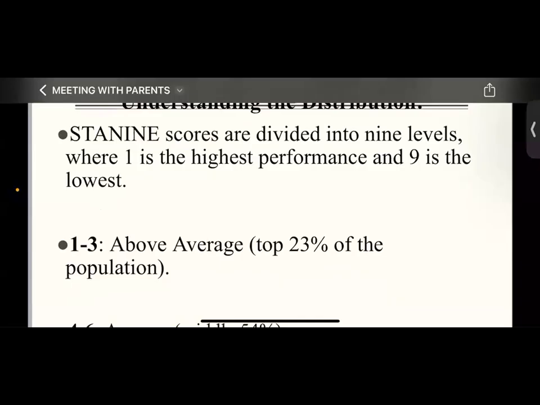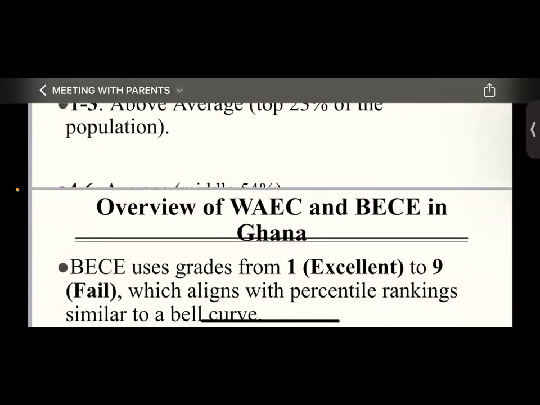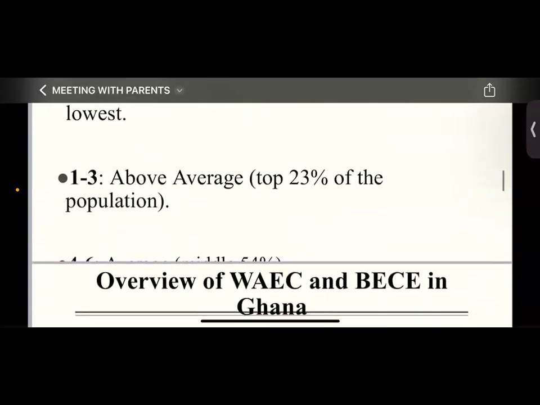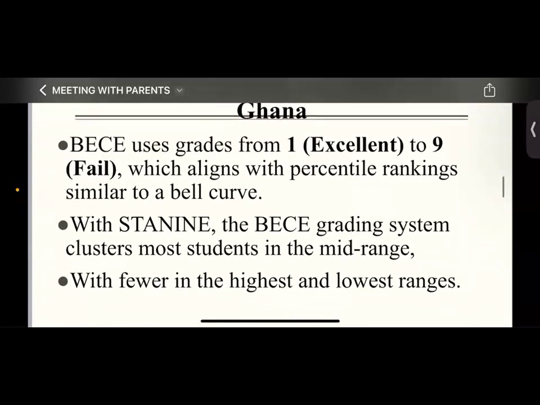So irrespective of the number that is going to write for that paper, be it computing, be it Ghanaian language, only 23% of that population can fall within grades 1 to 3, because we have 4%, then the next 7%, and then the next being 12%. That will give you your 23% top percentage of students that can get 1 to 3. Then it goes on and on. Unfortunately, this one cannot, but I'll try and then let you have the rest.